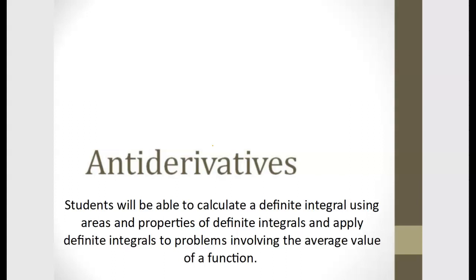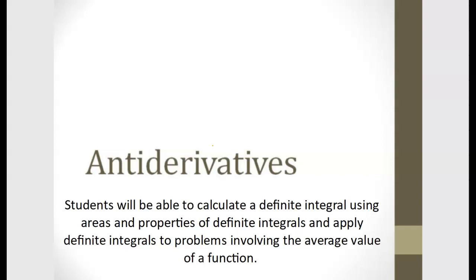So 5.3 is antiderivatives. We're going to be able to calculate using the reverse power rule and reverse rules for natural log, e, and trig today. Tomorrow we're going to learn what if you don't know the function and you're given a whole bunch of areas, so it's kind of back to what we were doing.